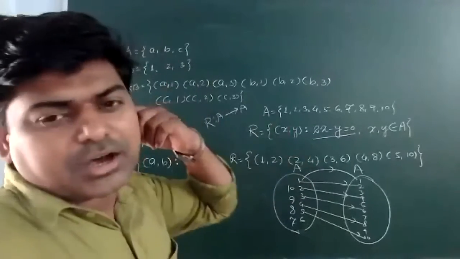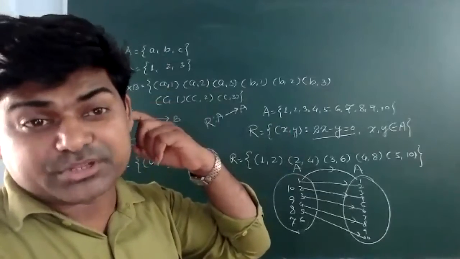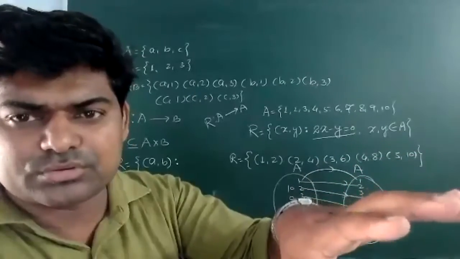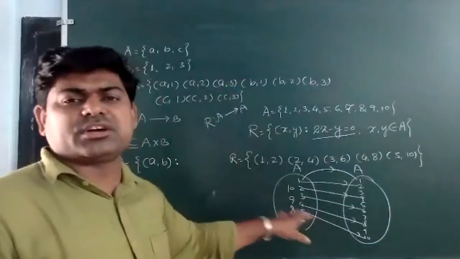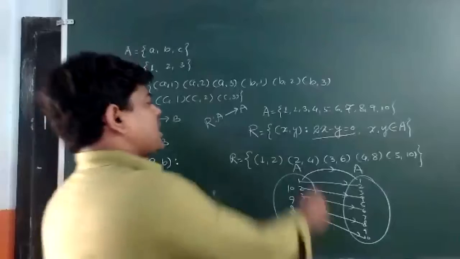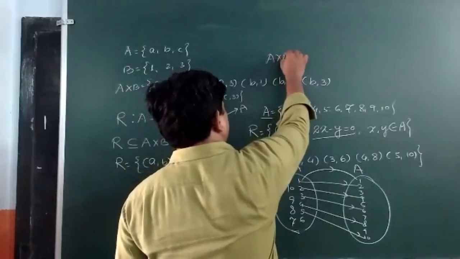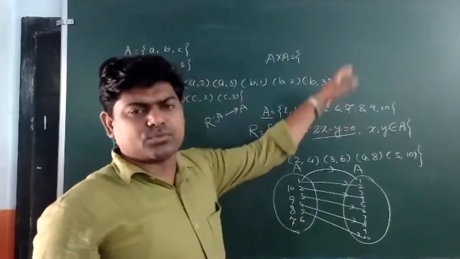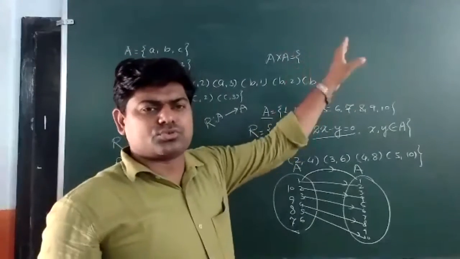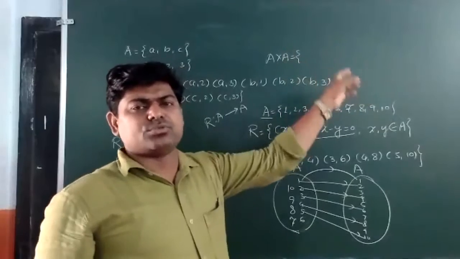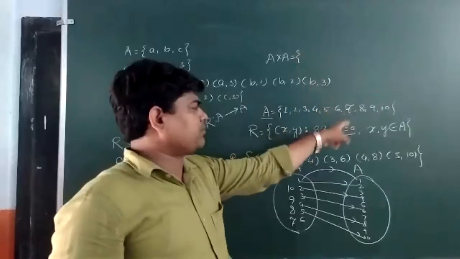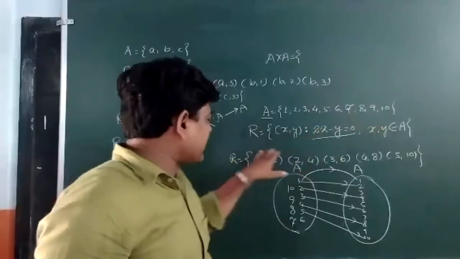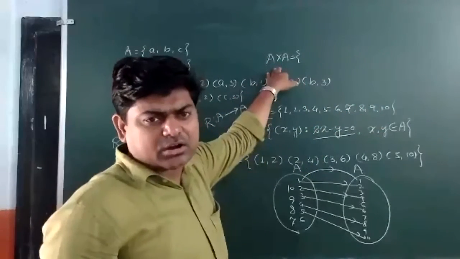First, I told you if a relation is defined from A to B, then R should be a subset of A cross B. Now, if you want to check whether the given definition is correct, here I have A. You may find A cross A because the relation is defined on A. So you will get (1,1), (1,2), (1,3), (1,4), (1,5), (2,1), (2,2), (2,3), (2,4), (3,1), (3,2), (3,4), (3,6), (4,1), (4,8), and (5,10) also. So R is a subset of A cross A, or not? It will be.